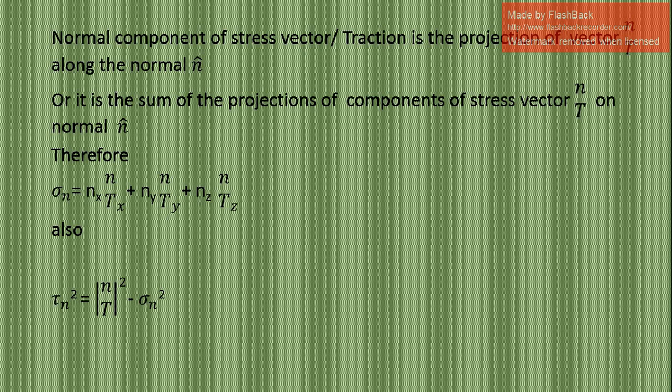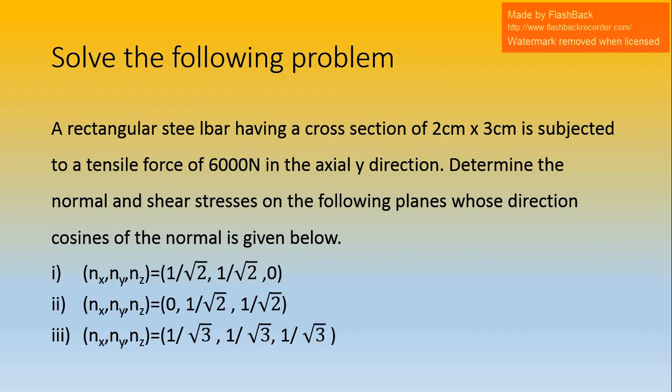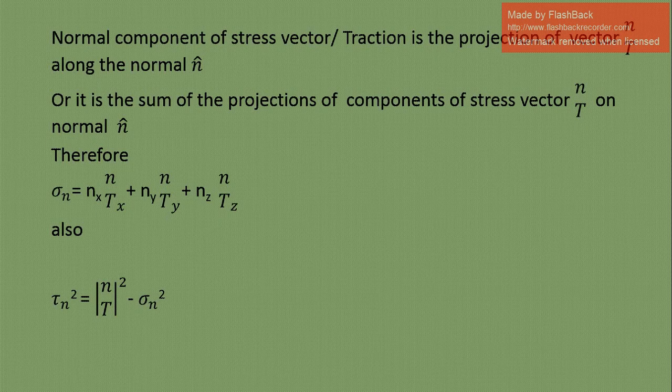To find the tangential stress tau n, we have the equation tau n square is equal to Tn square minus sigma n square. So by this much data we have arrived at an important set of equations known as the Cauchy stress formula.